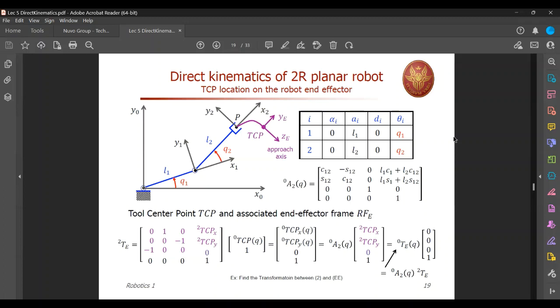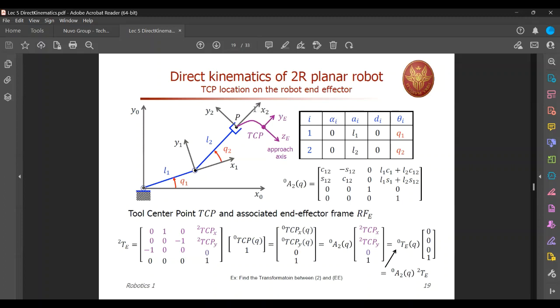Can anybody tell me that, please? Look at the two coordinate frames, frame 2 and frame E. This one and this one.